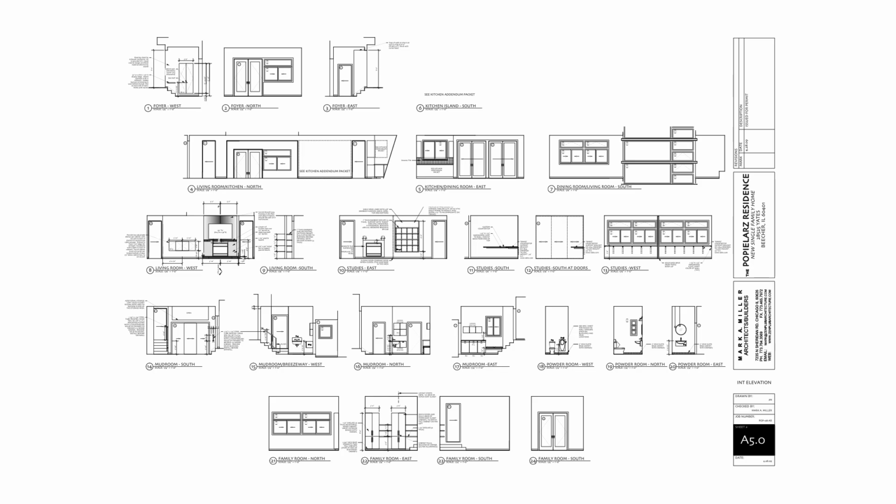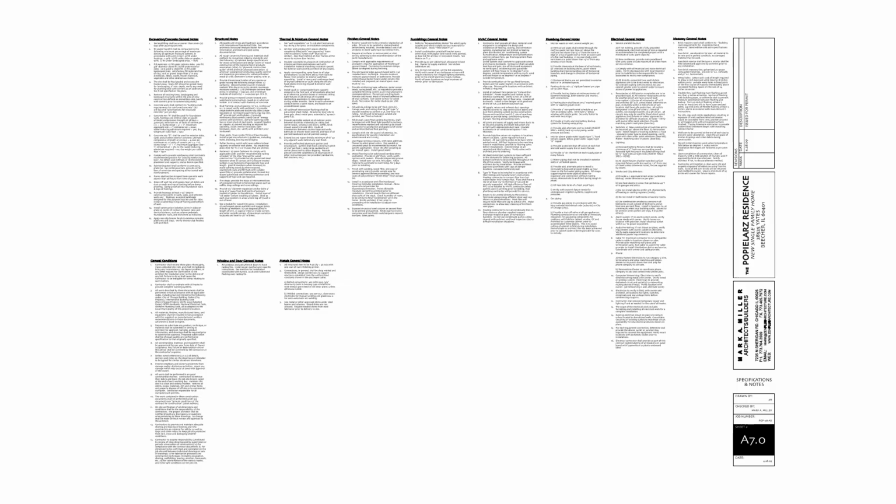Again, we'll show the next level of refinement for the interior elevations, showing tile locations, doors and windows, mirrors, fireplaces, little nooks in the shower and display nooks. All of those good items are documented here.